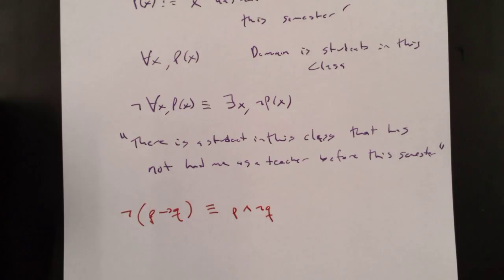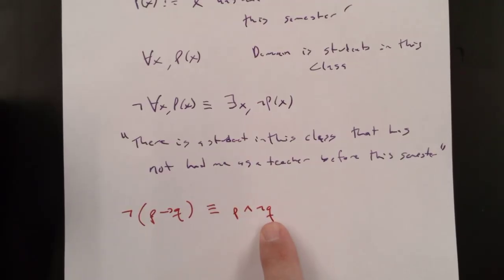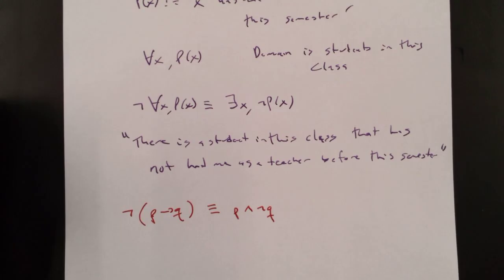If you study, then you will get good grades. The only way that's a lie is if I study and I don't get good grades. They have the exact opposite meaning. I have to be able to move that negation in there.